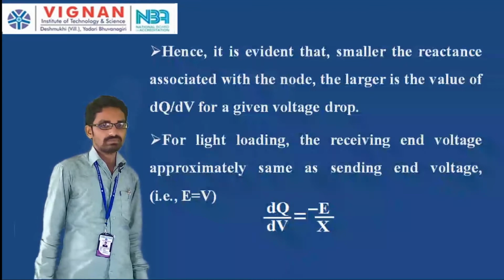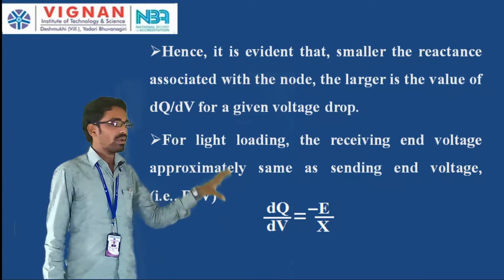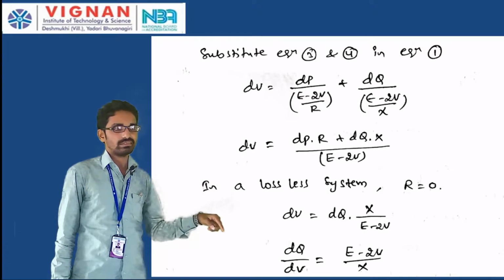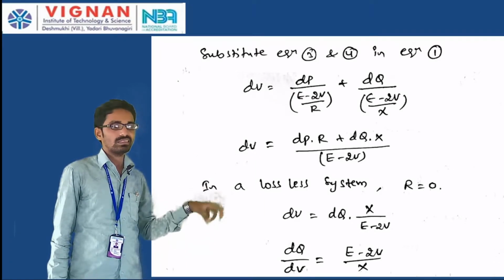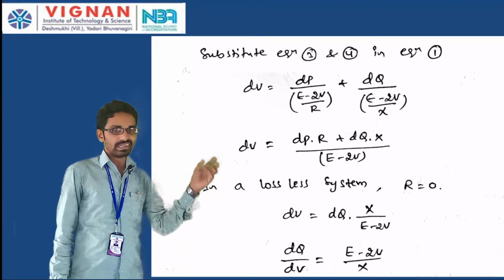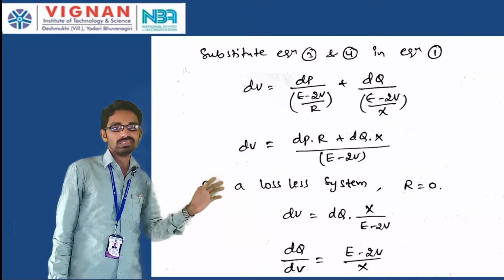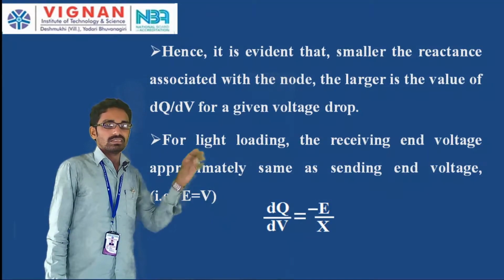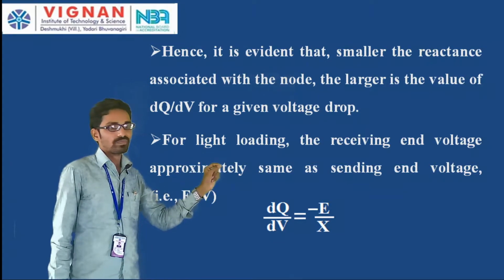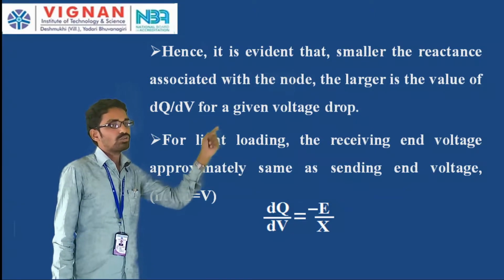Here it is evident that the smaller the reactance associated with the node, the larger the value of dQ by dV for a given voltage drop. dQ by dV is related to the reactance. If the reactance is very small, dQ by dV is going to be very high. The reactive power increases, and the voltage is also associated with the reactive power, so the voltage changes. The given voltage drop is E - 2V.